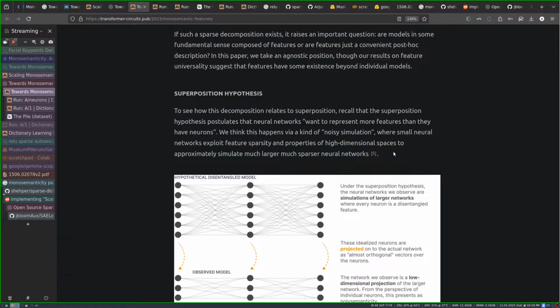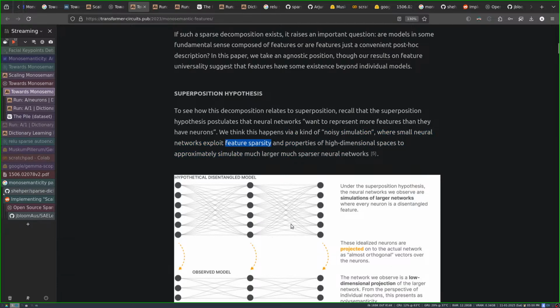I don't know what that means. What is feature sparsity?